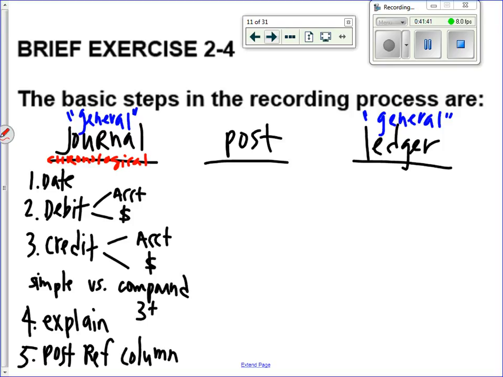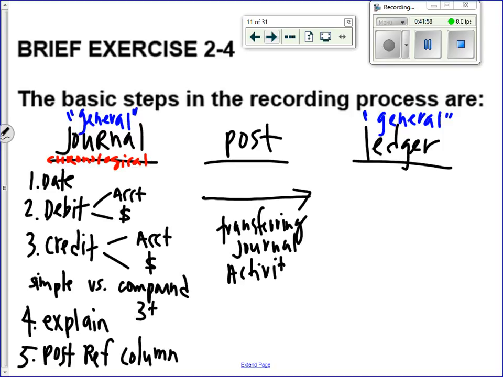It's going to yield the same result, but posting is the process of transferring journal activity to individual ledgers. I suck it out of the journal, almost like when you're at the bank, you put your little money in that little tube and it goes over to the bank, actual bricks. Suck it out of the journal and send it over to the individual ledgers.